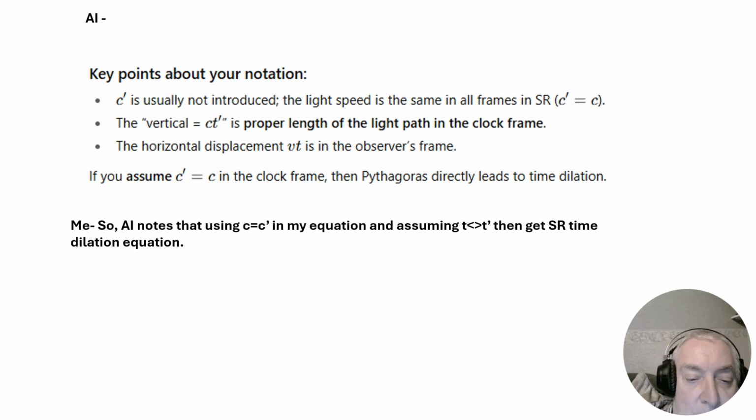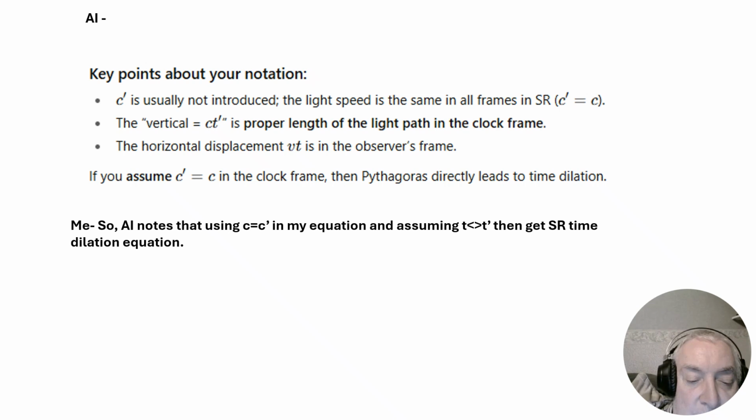Key points about your notation: C prime is usually not introduced. The light speed is the same in all frames in special relativity, and that means C prime is equal to C. The vertical distance is equal to CT prime. It is the proper length of the light path in the clock frame. The horizontal displacement is Vt, in the observer's frame.